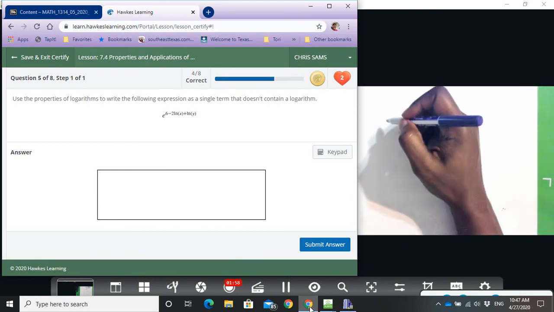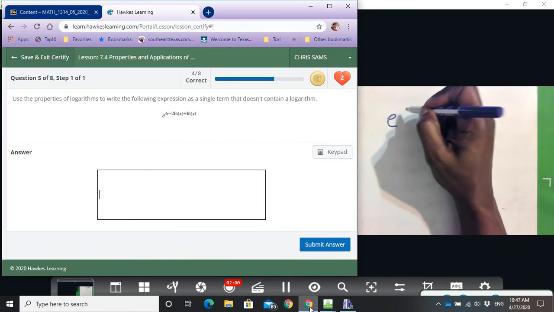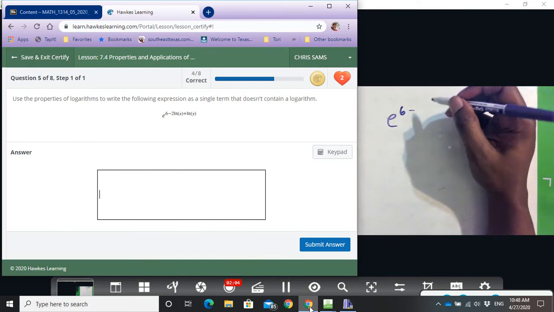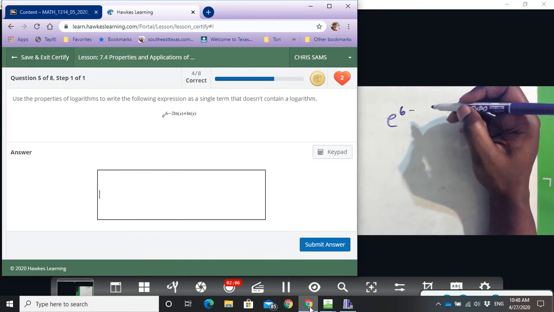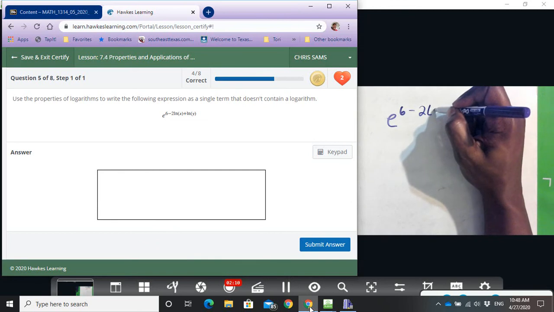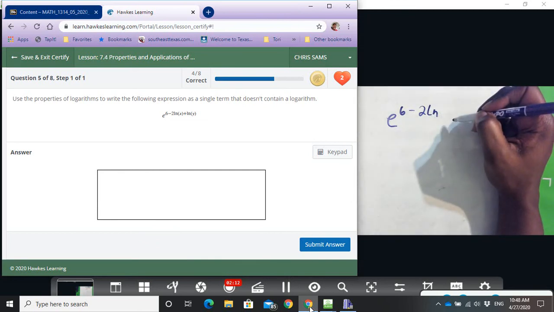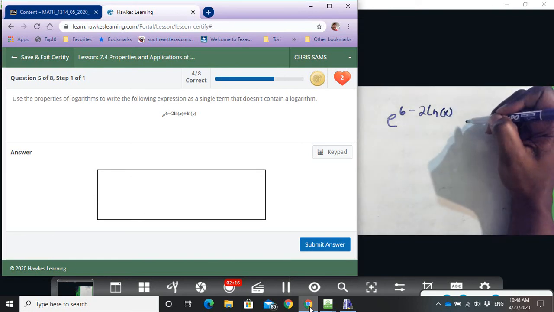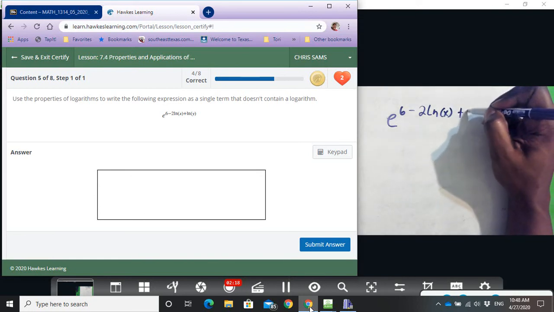So first we have e to the 6th minus 2 ln of x plus ln of y.